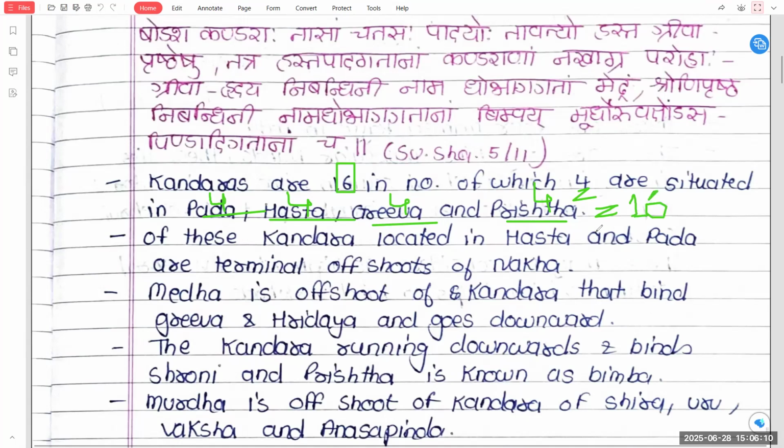So this is about Kandra. Of these Kandra located in the Hasta and Pad, there are terminal offshoots of Nakha. Okay, so if you are asked, what is Nakh? Nakh is the offshoot of Kandra of the Hasta and Pad.